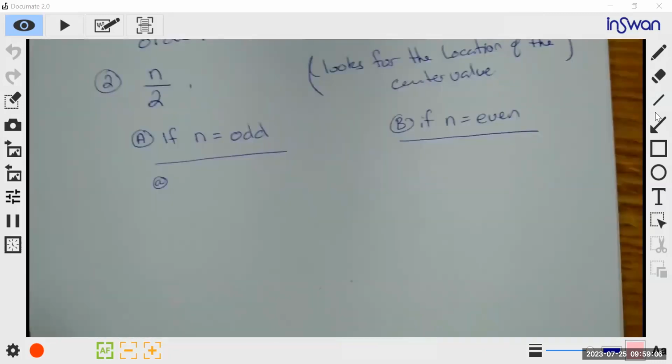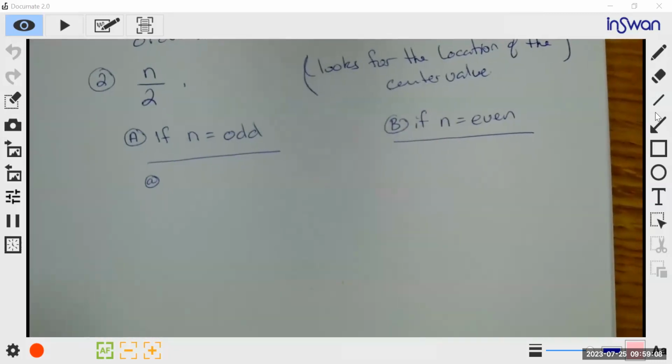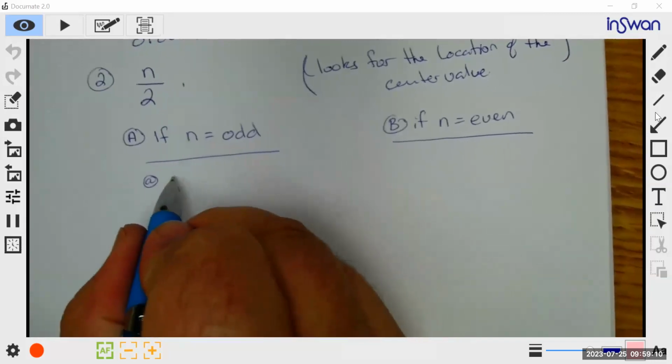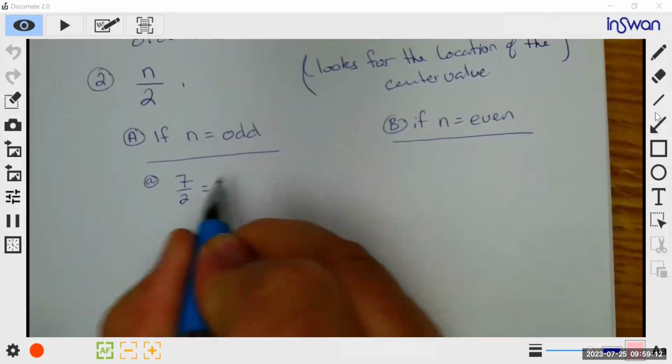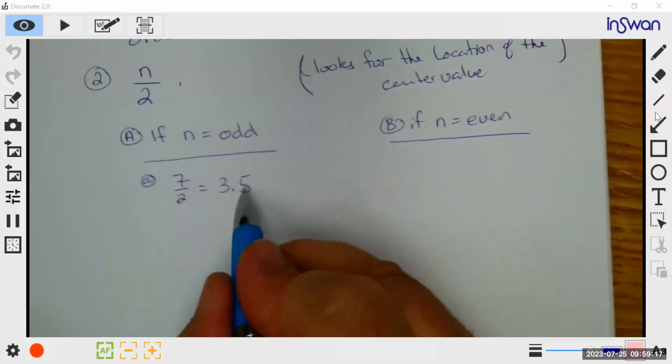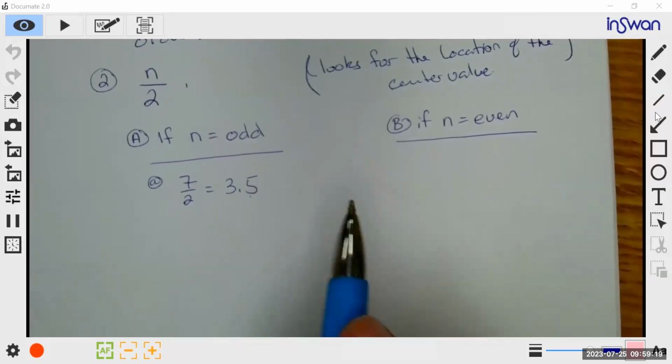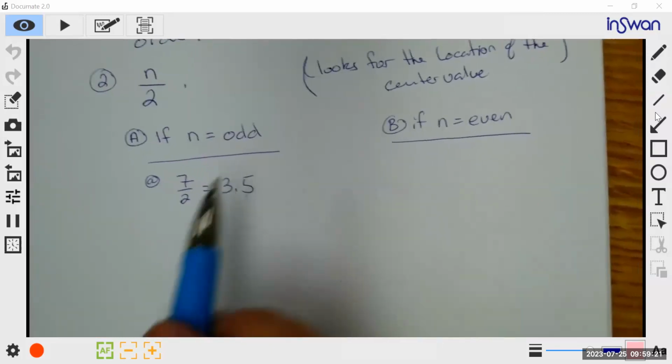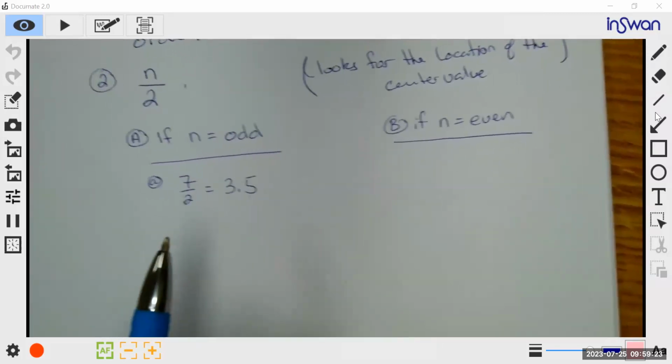So can the center be a decimal? No. So if we have an odd number, let's say 7 divided by 2, we get 3.5. It'll always be either 0.5 or 0. Whenever you divide by 2, it's always going to be 0.5 or 0.